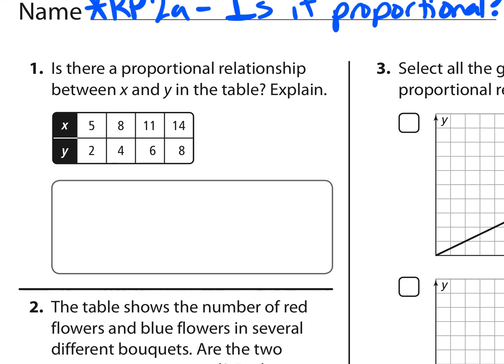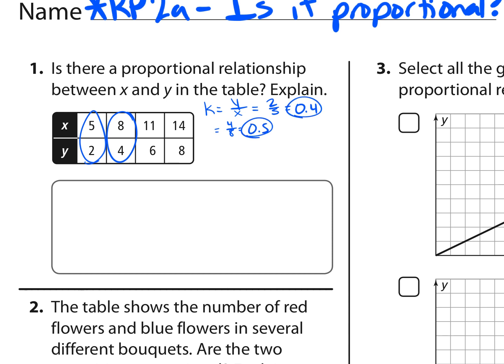Well, let's look at the fact that k is taking y divided by x. So I can take any of these y divided by x and see if they're the same. So 2 divided by 5 is 0.4, but then 4 divided by 8 is 0.5.